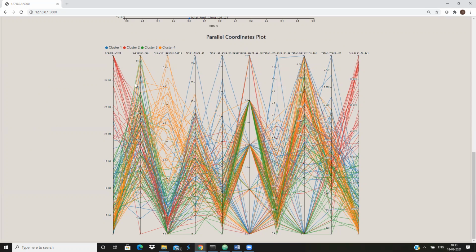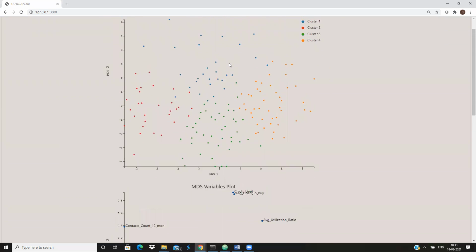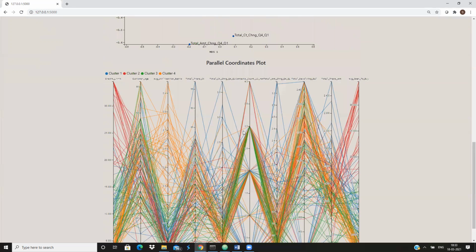So this is the credit limit, this is the customer's age, and this goes on to average utilization ratio and so on. Also, we can see that each of these data points or these lines have a specific color. The color comes from the k-means clustering, as we had seen even in this one in MDS data plot.